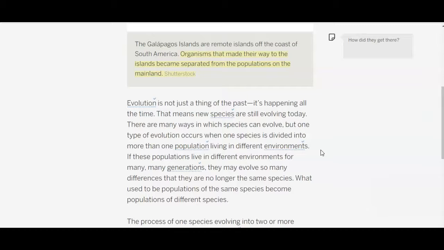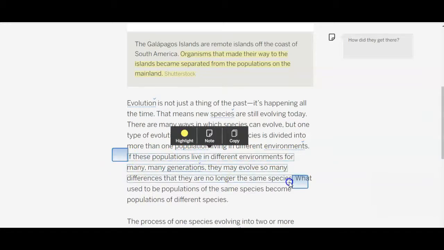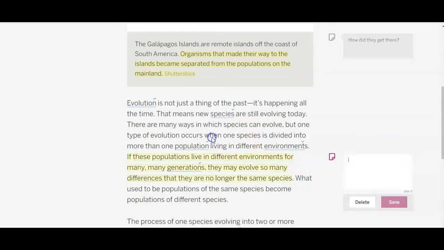Well, so it says if these populations live in different, how did they end up in different environments? You know, I'm going to go ahead and highlight this. Okay, so I'm just going to put a note here and put, how did the species get separated?